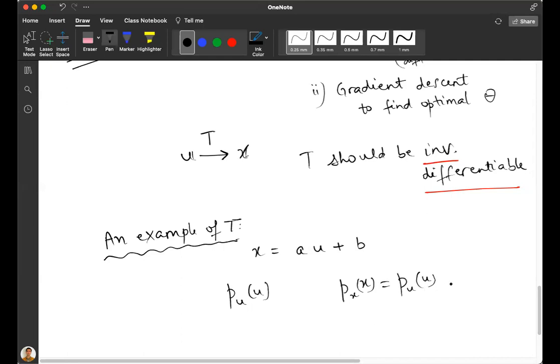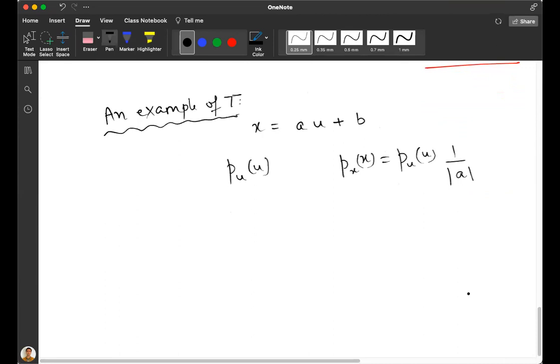Times 1 over A. Yes, basically du upon dx, or 1 upon dx upon du, which is 1 upon, actually, mod A. Don't make this mistake. It should be mod A because A can be negative also, but your P cannot be negative. So this is the answer.